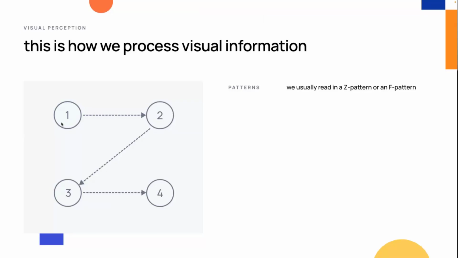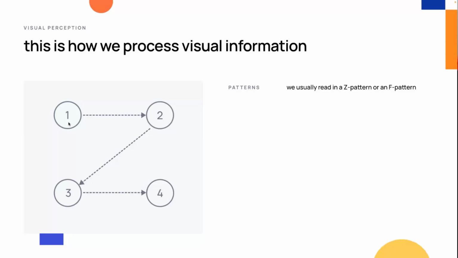For example, if you're reading a book, you would scan in this pattern. Maybe if you're reading a website, it would be more like an F pattern and so on. This is also called a zigzag because of how our eyes move through the screen.